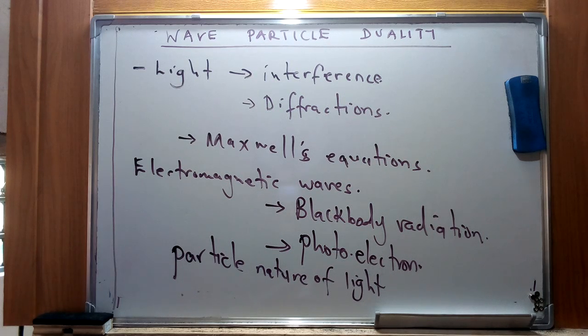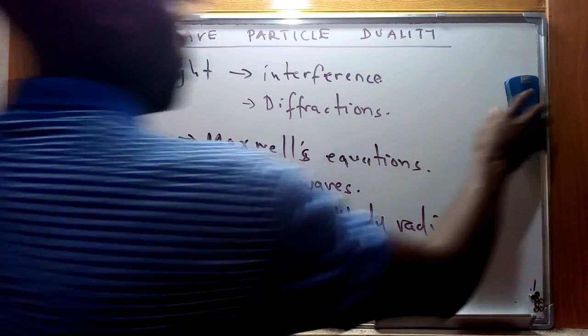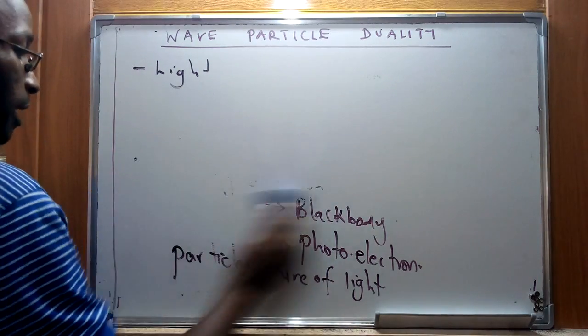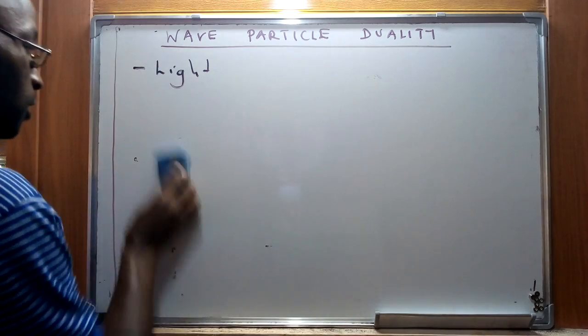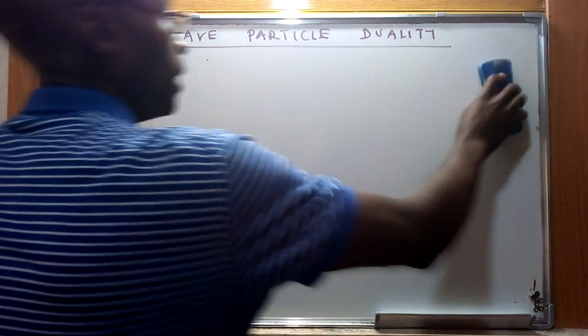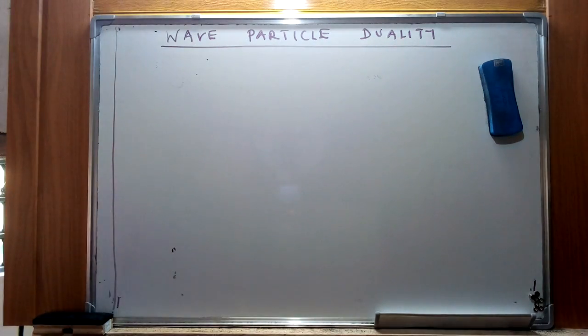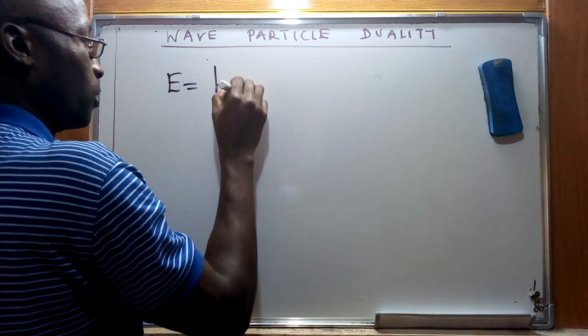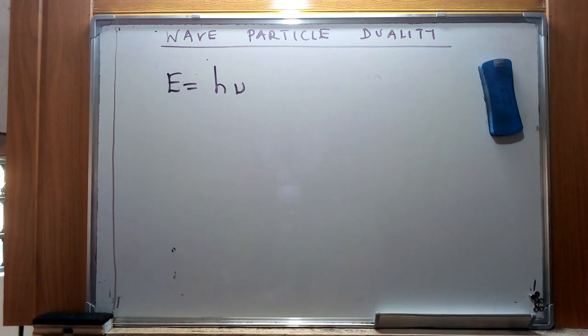So in trying to describe this concept of a photon, we have a few equations or formulas that we had used to describe this aspect in our earlier video. From Max Planck's argument, the energy of this photon can be described using this specific formula.